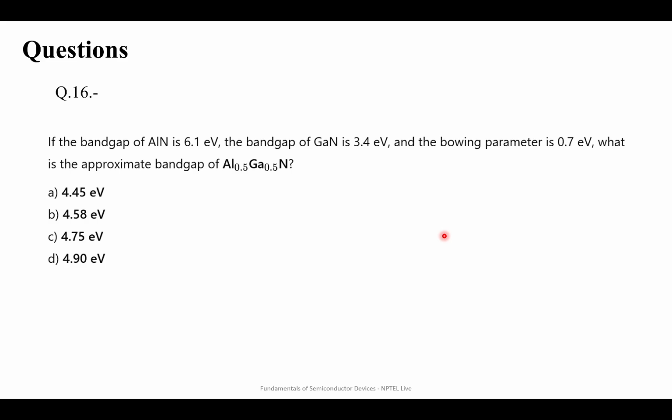Sir, here we can perform 0.5 into 6.1 plus 0.5 into 3.4. But you also have the bowing parameter to consider. Yes, sir. How does the concept work, sir?